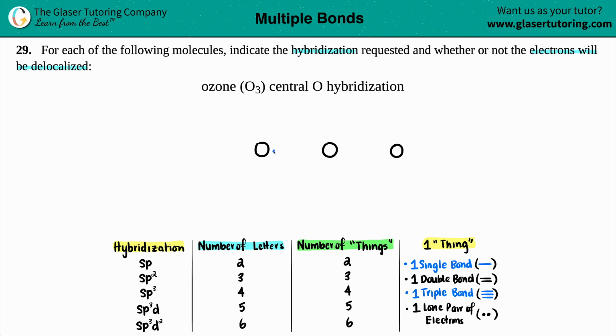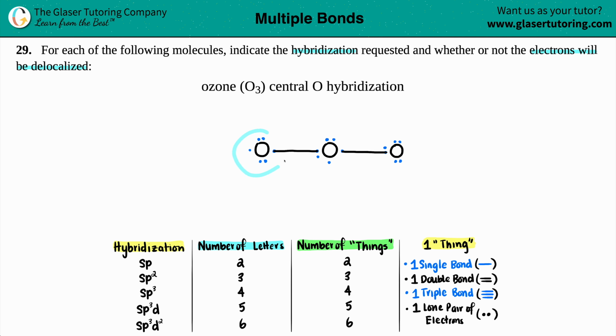So I'll do 1, 2, 3, 4, 5, 6 on each oxygen. No adding or losing electrons, so dot to dot, and let's see what we get. Dot to dot, that's a single bond. Dot to dot, that's a single bond. And let's see what's going on here.